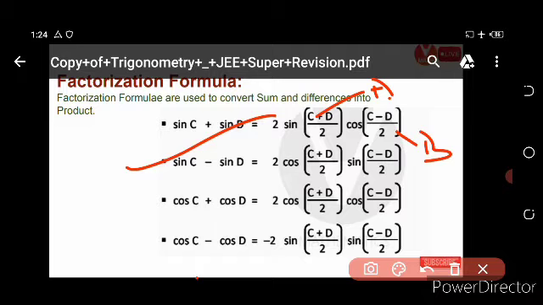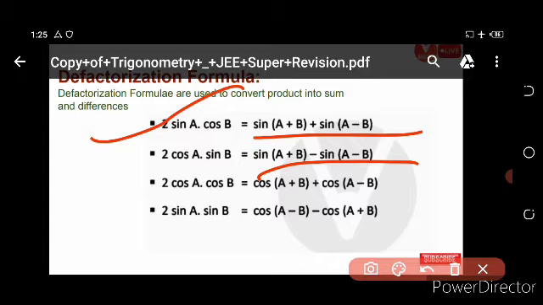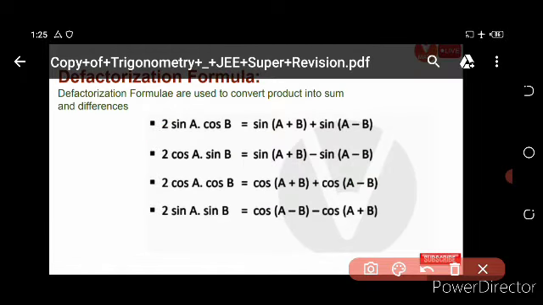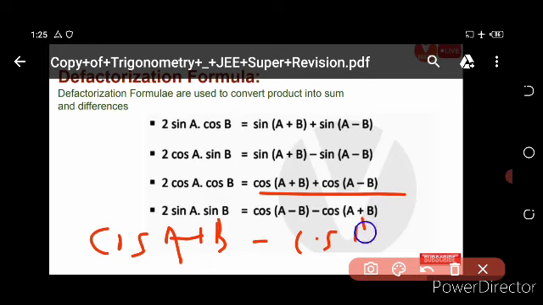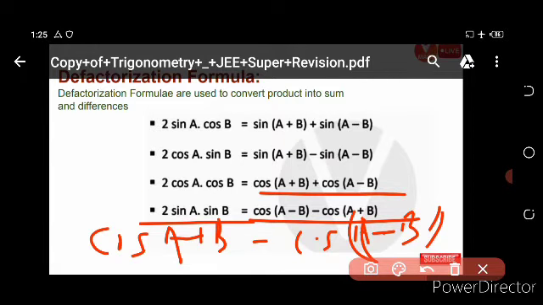Sin A plus B plus sin A minus B is 2 sin A into cos B. Sin A plus B minus sin A minus B is equal to 2 cos A into sin B. Similarly, cos A plus B plus cos A minus B is equal to 2 cos A into cos B. If we do cos A plus B minus cos A minus B, it is equal to minus 2 sin A into sin B. But if we just do the opposite, that is cos A minus B minus cos A plus B, then we get 2 sin A into sin B.